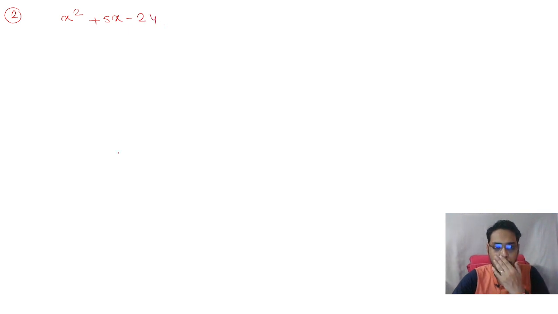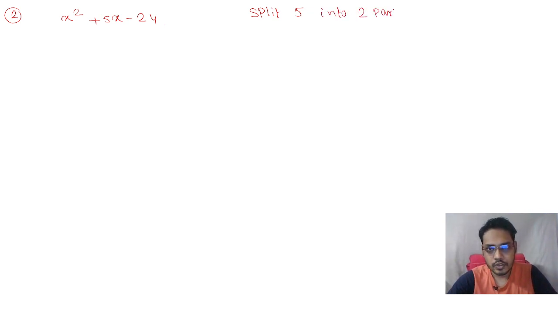Now you have to split 5 into two parts so that the sum of the two parts will be 5 and the product of the two parts will be minus 24.